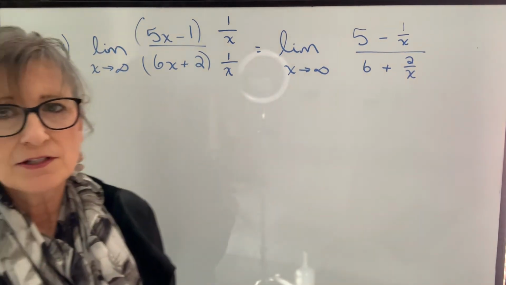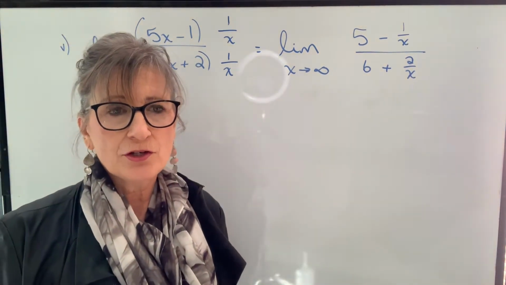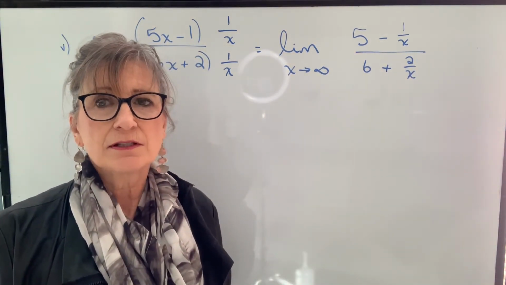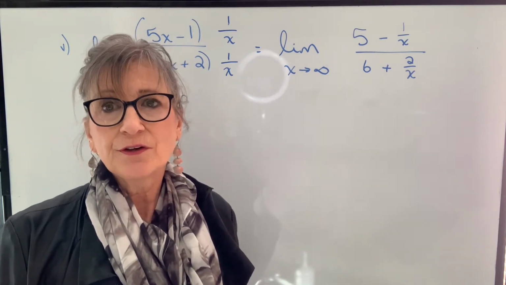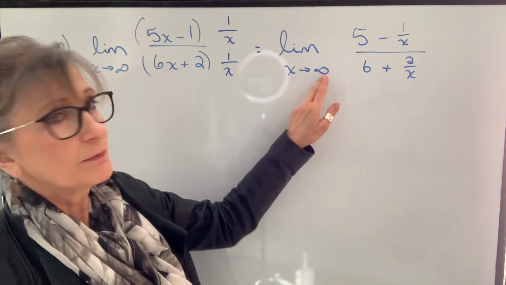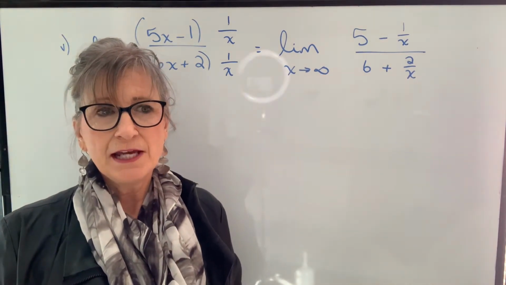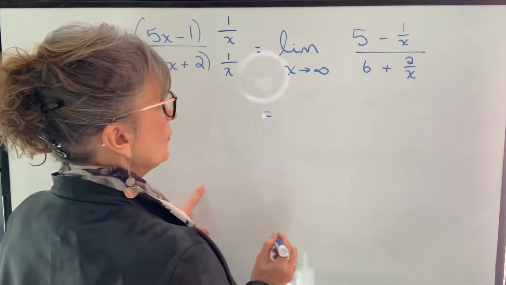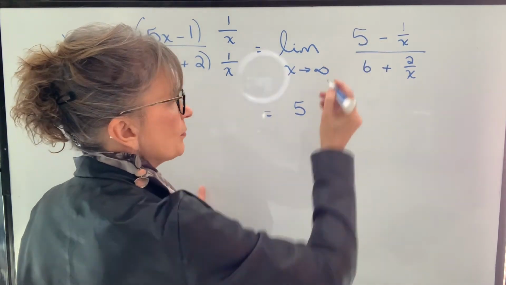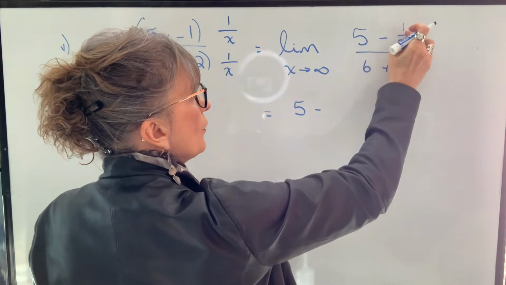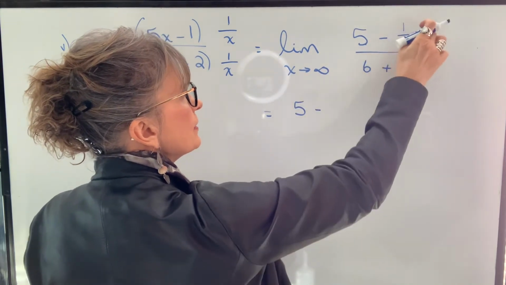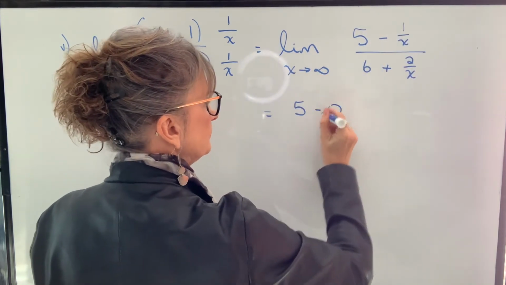And by using that strategy, you end up with a fraction that contains terms that are either constants or fractions with x only in the denominator. And that's the goal, because then we can evaluate what the limit is as x approaches infinity. So now I can evaluate this. The limit of 5 as x approaches infinity is just 5, minus 1 over x approaches 0 as x approaches infinity.